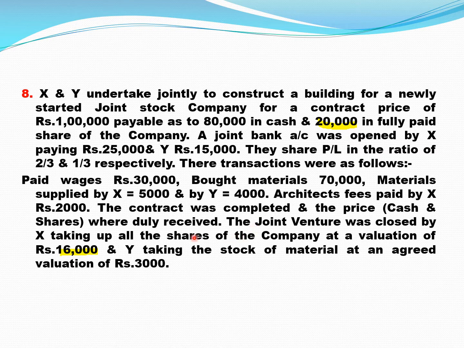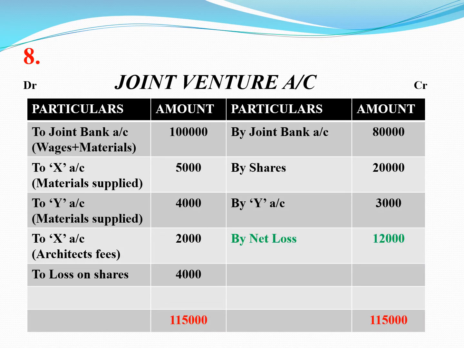That loss will be recorded in joint venture account. And Y takes the stock of material at an agreed valuation of 3,000. So Y took over material at 3,000, which will come in joint venture account and co-venture account.